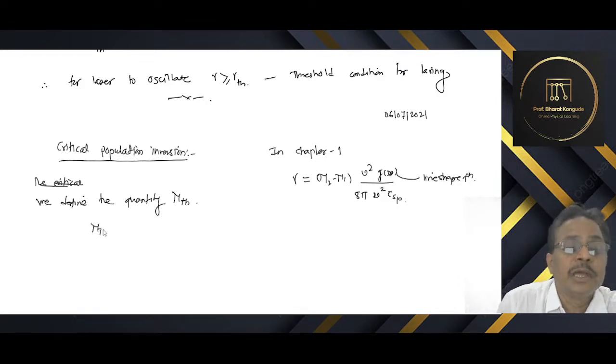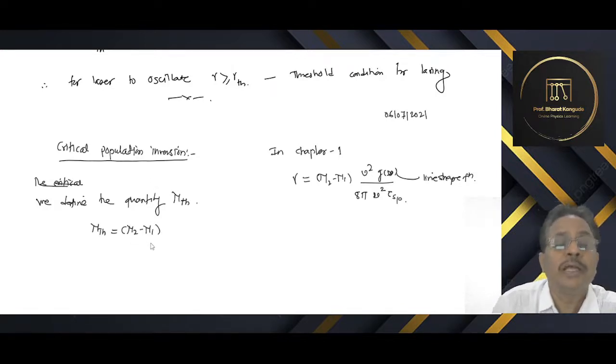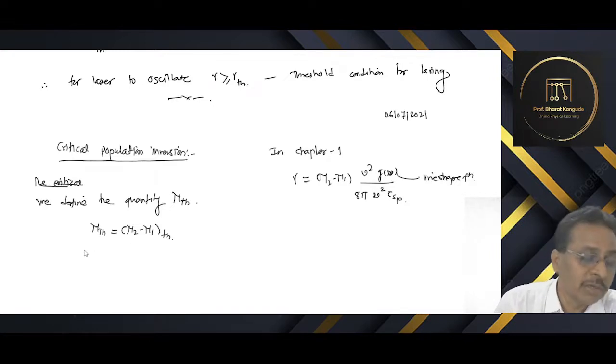It is given by nth is equal to n2 minus n1 threshold, the difference between n2 and n1 at threshold. So the minimum difference required to carry out this lasing action continuously. Once the laser action has started, it will continue going on. So to have this condition, what is the population difference between the excited state and the ground state? That is this threshold value, to be calculated like this.